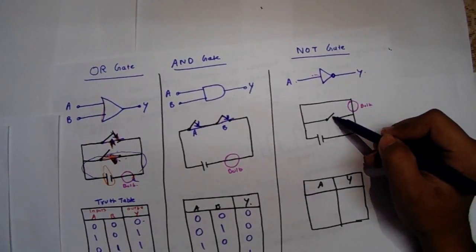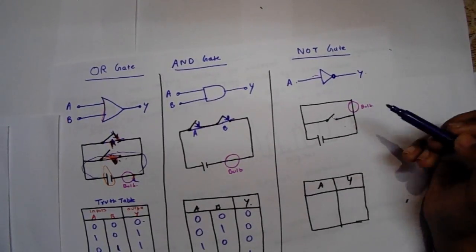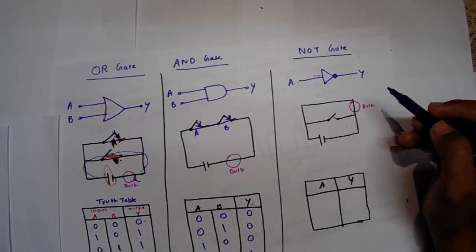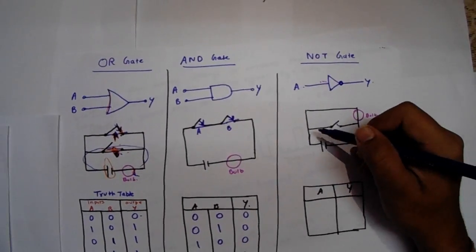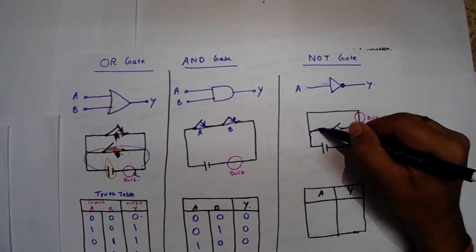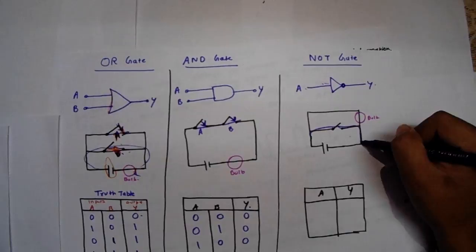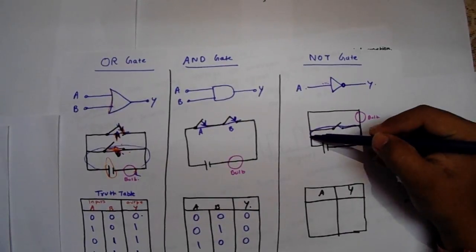If we put this switch to closed position, if we close this switch, the circuit will complete like this. The current will pass from this end. It will not go here.